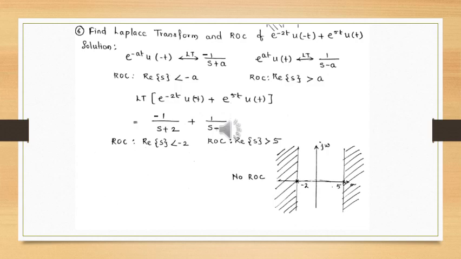So when we want to find the ROC for the complete signal, first mark the poles in the S plane. So for the first term we have a pole at minus 2, and for the second term we have a pole at 5. For the first signal, ROC is varying from the pole minus 2 towards left side, and for the second signal, ROC is varying from the pole 5 towards right side.